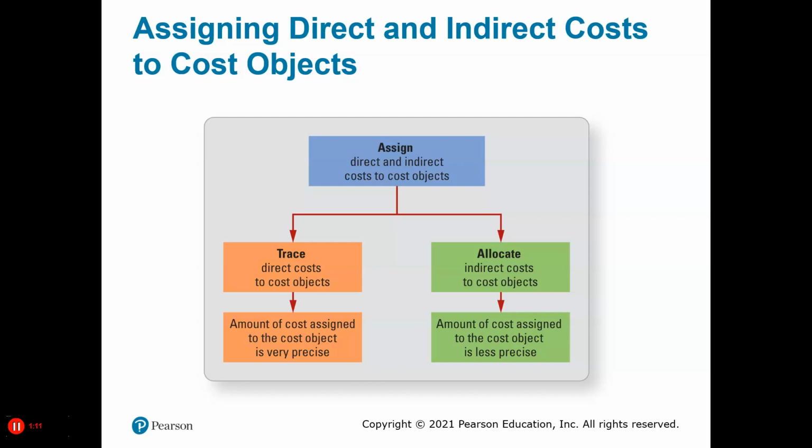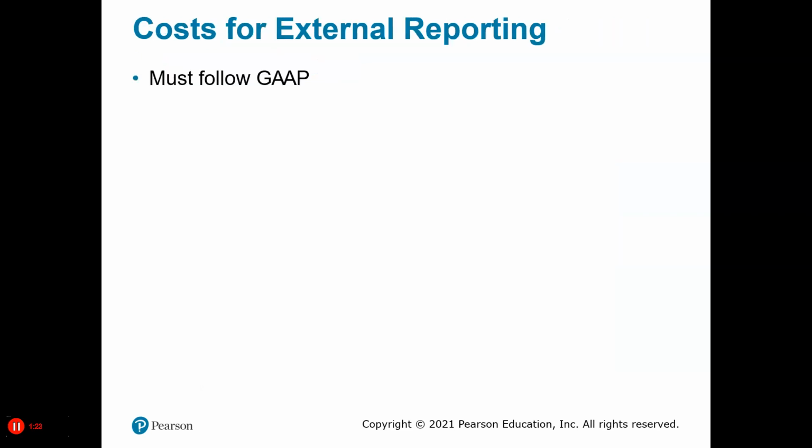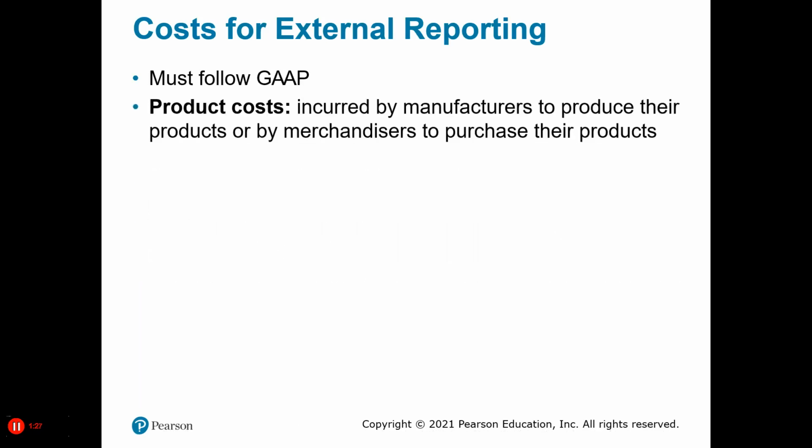So, assigning direct and indirect costs to cost objectives. If we can trace it directly to the product, then we can assign it to an individual unit. If we can't, we have to allocate it. Again, we must follow GAAP for external reporting. We have product costs that are incurred by manufacturers to produce their products.